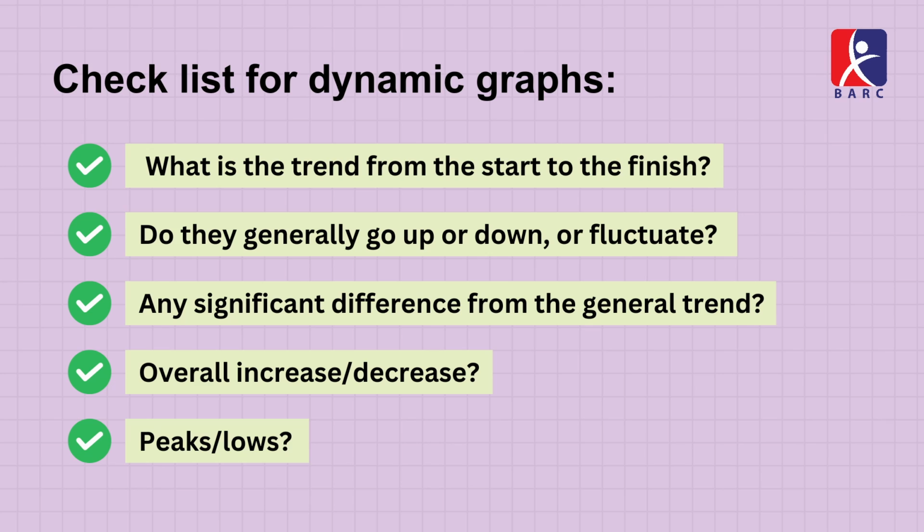Or if you find any significant difference from the general trend, and of course the overall increase or decrease, and the peaks and the lows. These are things that you need to find from a dynamic graph.